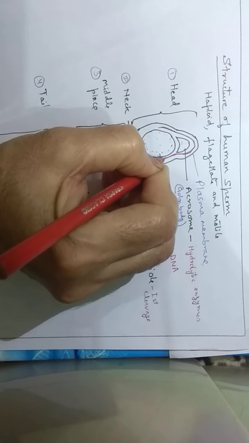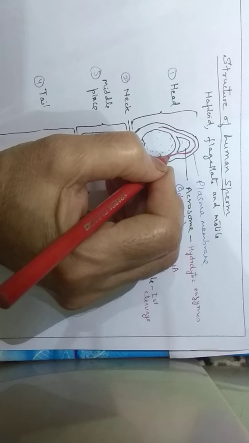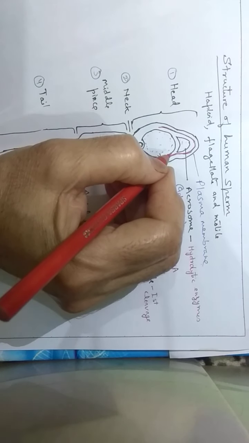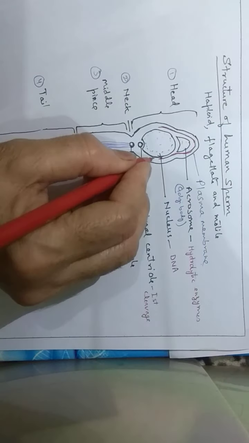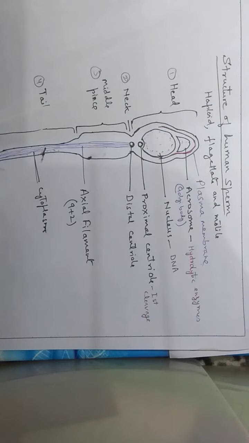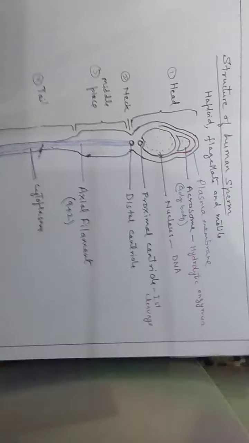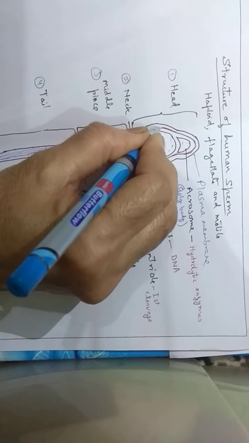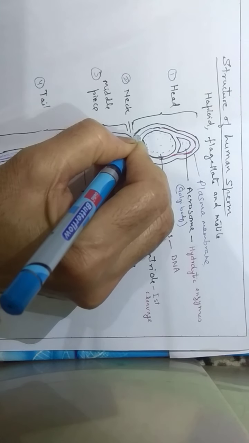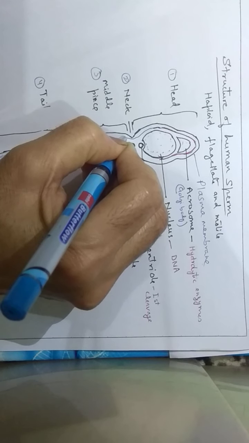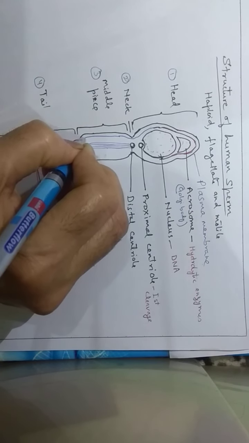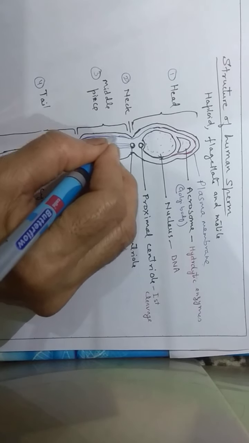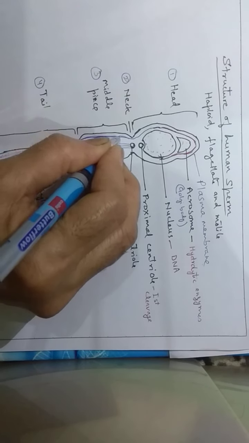The upper part is the gallia and the lower part is the manchette, and it extends only up to the middle piece.